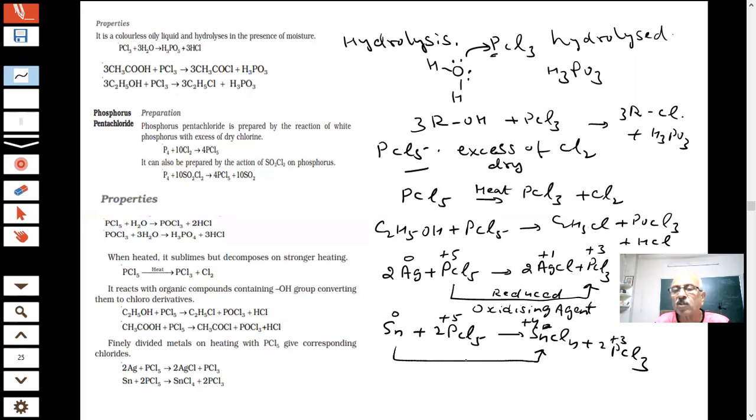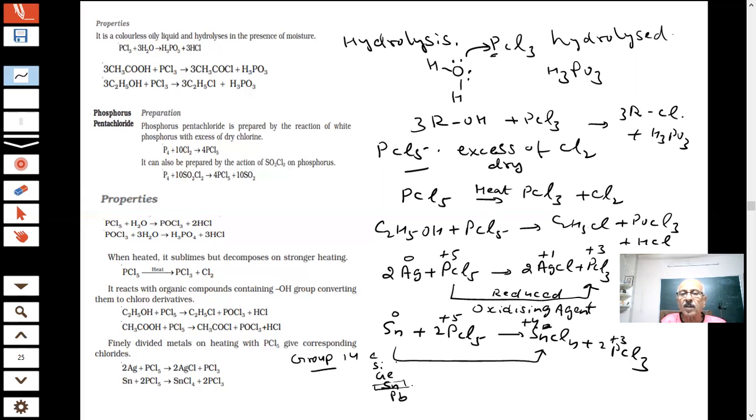Tin belongs to which group? Group 14: carbon, silicon, germanium, tin, lead.